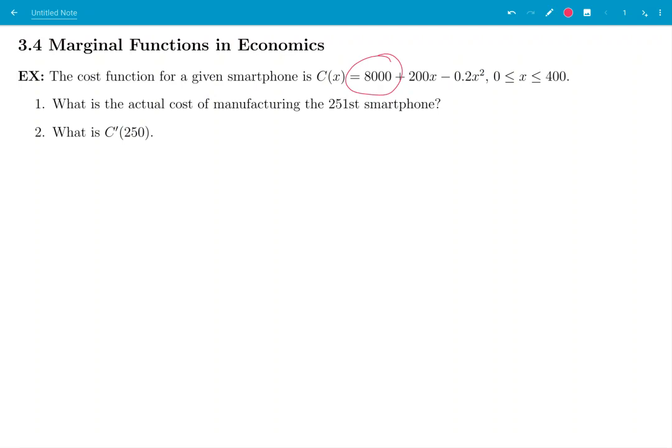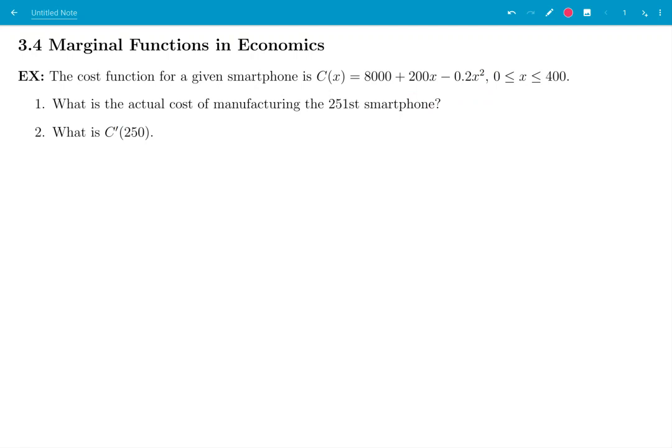This is the amount you have to pay even if you make zero smartphones. Things like paying insurance on your factory or whatever, and lots of different costs do not depend on how many phones you're making. And then of course, you'll have a part that depends on how many phones you're making.